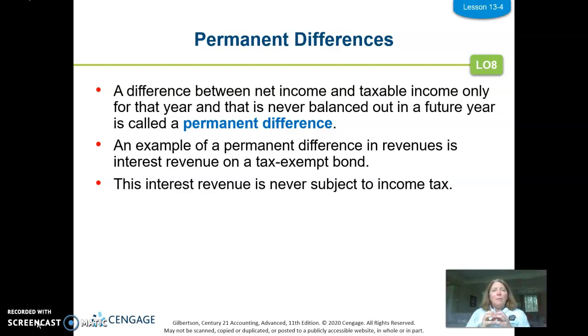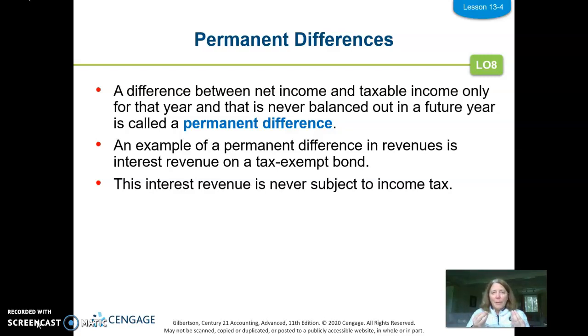So an example of a permanent difference in revenues is interest revenue on a tax-exempt bond. If we purchase a tax-exempt bond and we earn interest on that bond, we would include that income in net income.